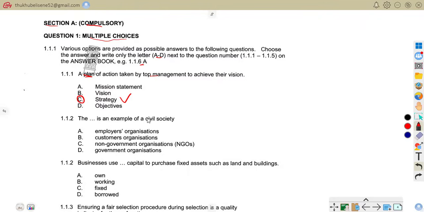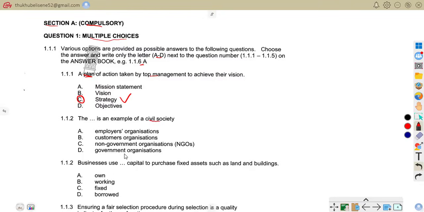Let us move on to 1.1.2. The dash is an example of civil society. We're given four options: employee organizations, customer organizations, non-government organizations, and government organizations.